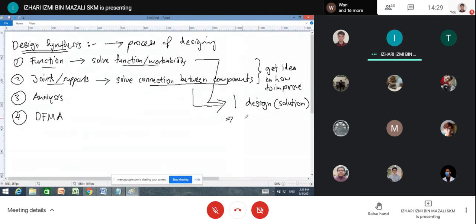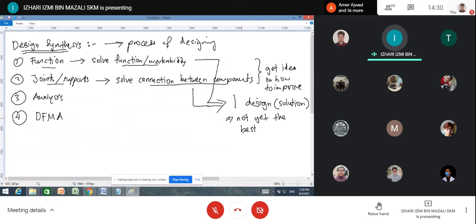But please be mindful that this design is not yet the best, obviously, because we just solve the function. We just try to solve the function using our understanding of the system, and then we try to connect the components so that the function can be performed.